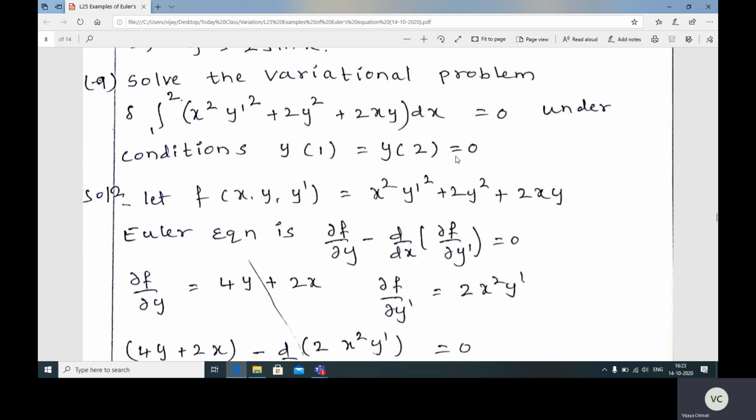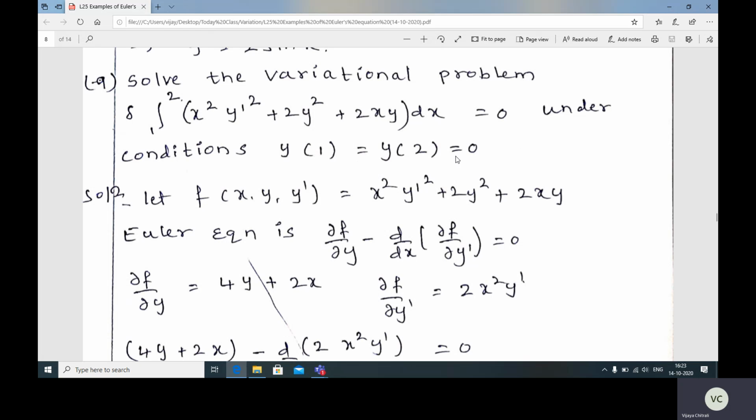Now compare this with delta I is equal to 0. So I is equal to the integration from 1 to 2 of x square y dash raised to 2 plus 2y square plus 2xy dx. Now f of x, y, y dash will be x square y dash raised to 2 plus 2y square plus 2xy.